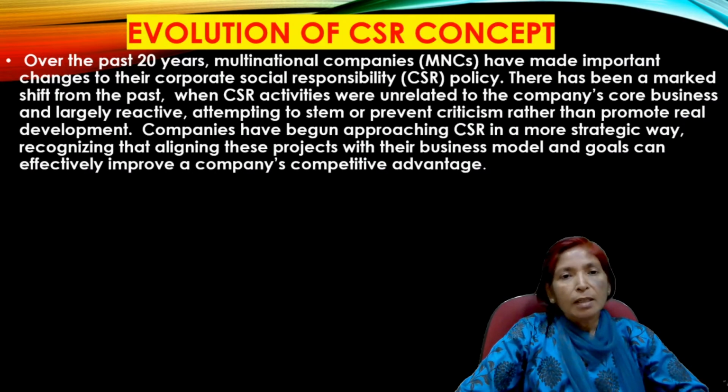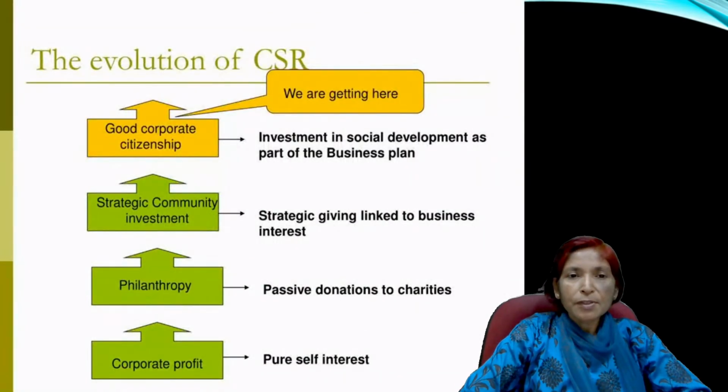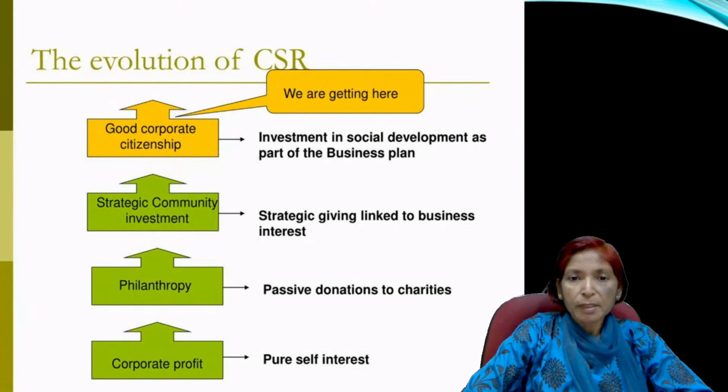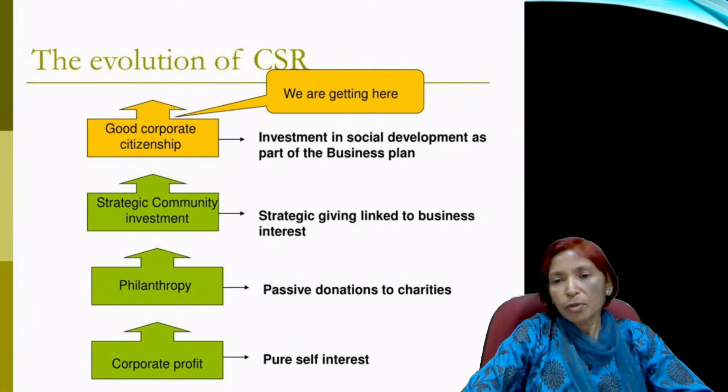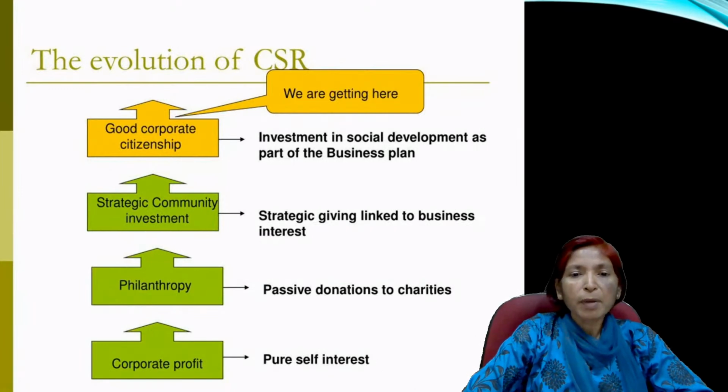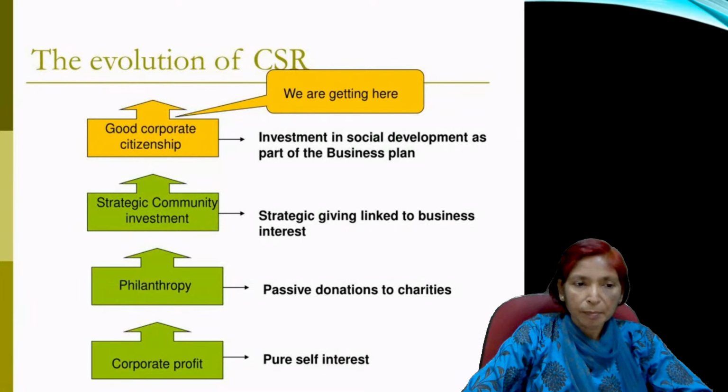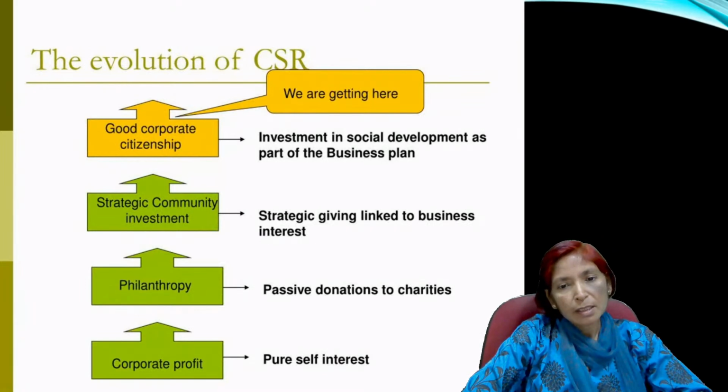The evolution of CSR. Good corporate citizen. If we are good corporate citizens, then we should invest our money in social development projects because it's a part of the business plan. And strategic community investment.